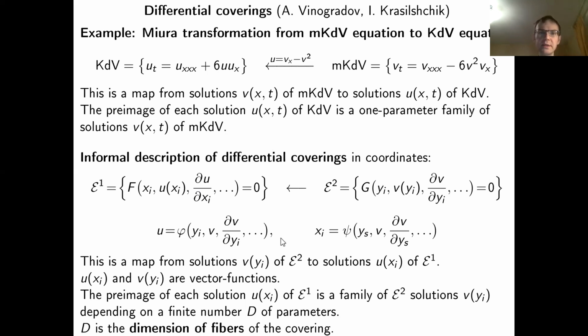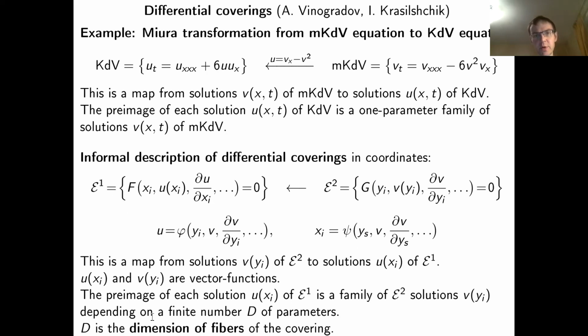And we consider the map from solutions of E2 to solutions of E1 given by this kind of formulas. Here, the right-hand side can depend on y^i, v, and any finite number of derivatives of v. And so for any solution v of E2, u and x^i given by these formulas determine a solution of E1.